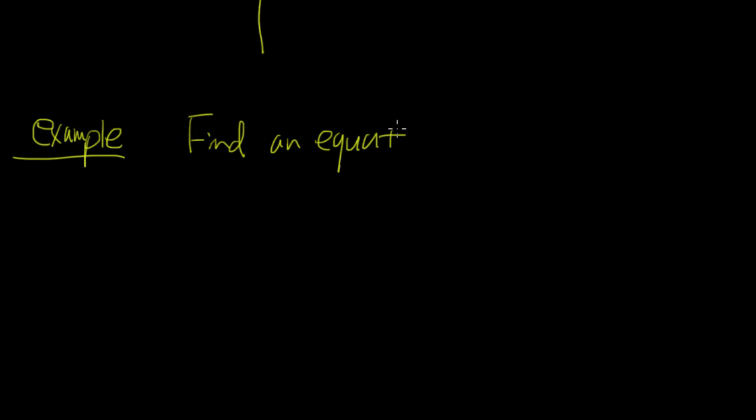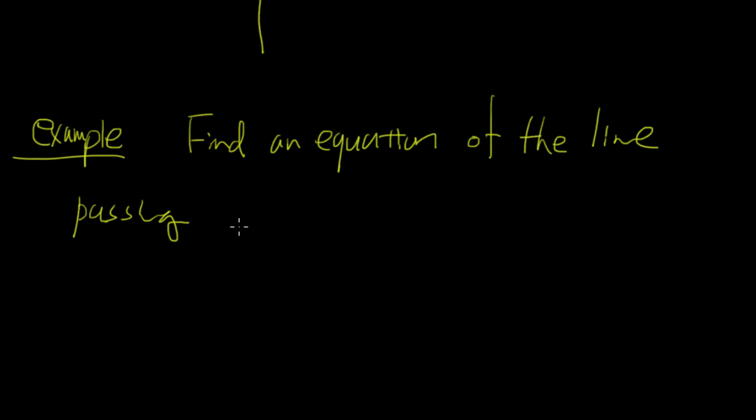For example, let's say find the equation of the line passing (2, 3) and (-4, 5).